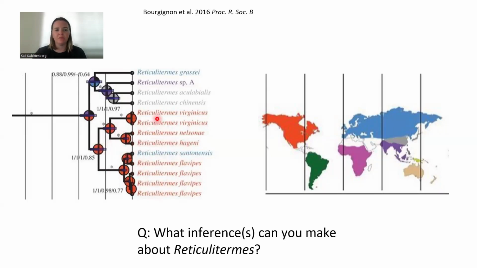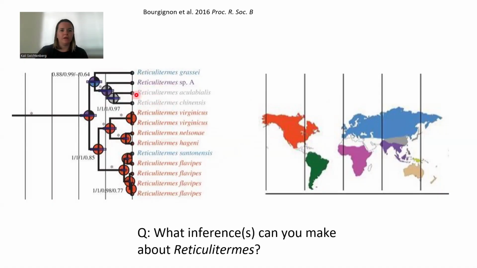So we can assume that all of these Reticulitermes originated in North America. And since there is this one that is found in Europe, the assumption can be made that there was some sort of event which brought that North American Reticulitermes to Europe.